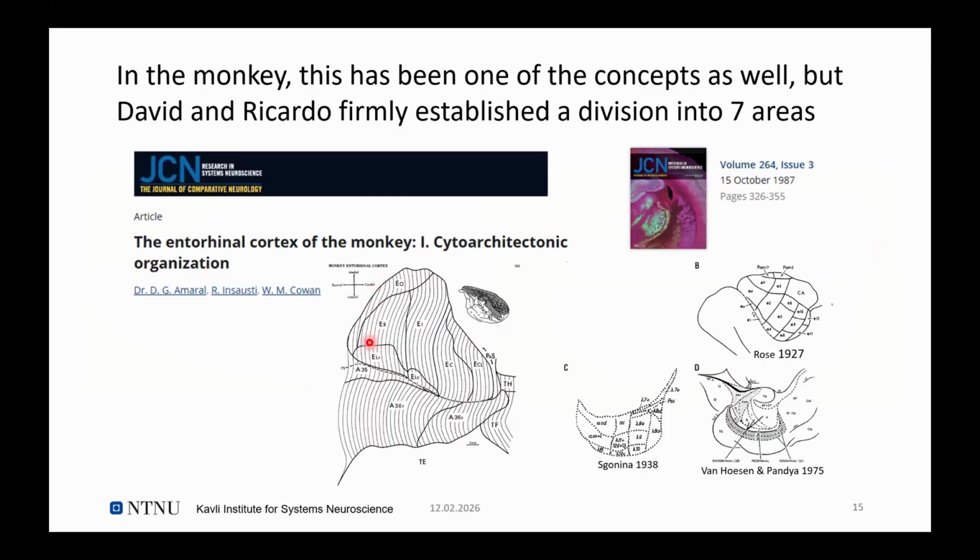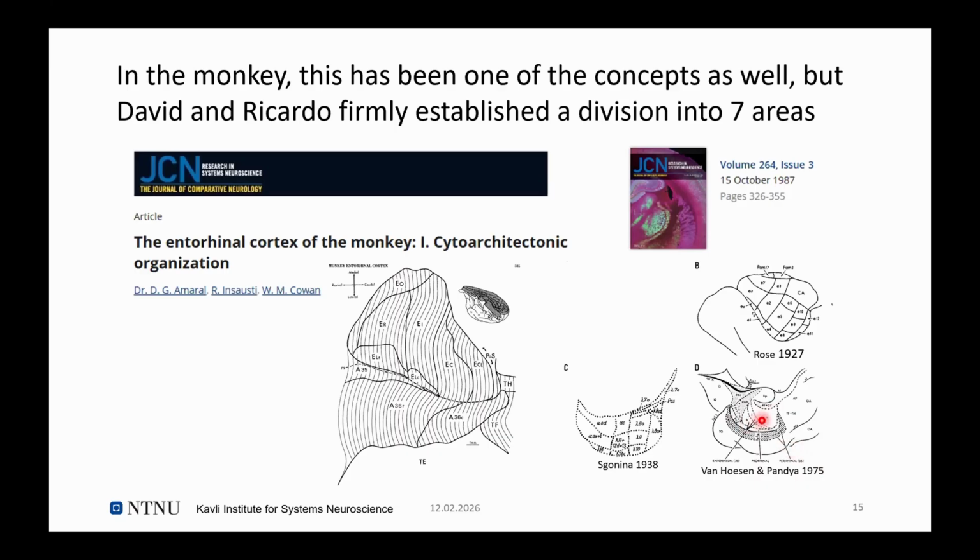Now, this is their subdivision of the entorhinal cortex. There are some adjacent parahippocampal areas that I won't have time to go into. But if you compare this map with a simpler map where you have a medial and a lateral entorhinal cortex and an intermediate one, this was the description that Van Hoesen and Pandya and Rosene used for their monkey studies.